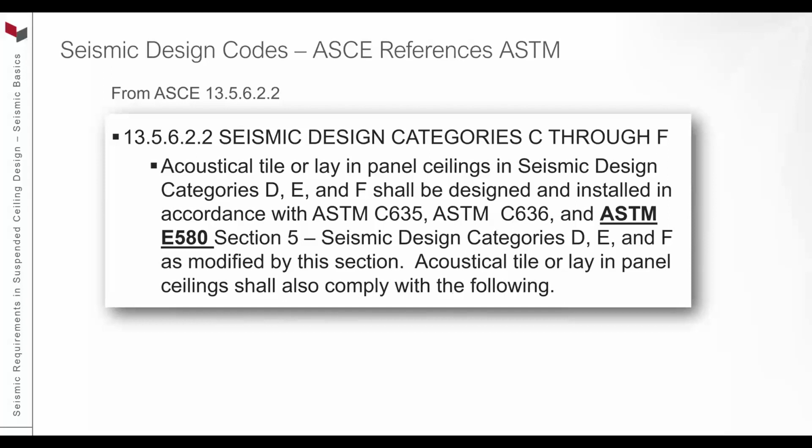Acoustical tile or lay-in panels, ceilings in seismic design categories D, E, and F, as well as C. It's not stated here, but C is in there as well. Shall be designed and installed in accordance with ASTM C635, C636, and ASTM E580, Section 5.